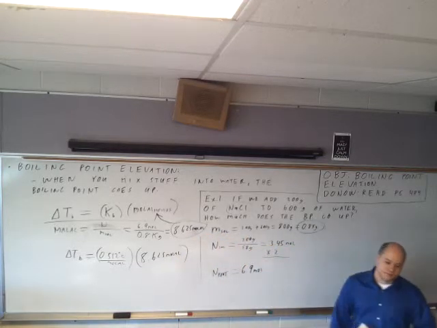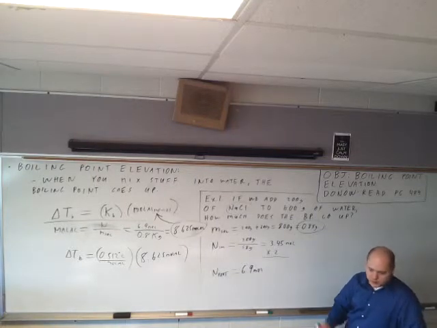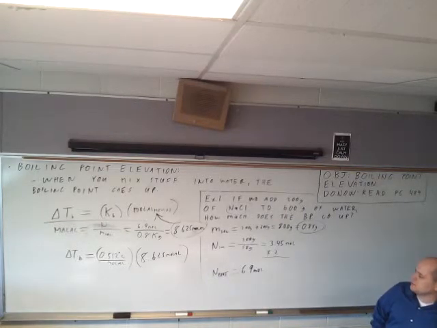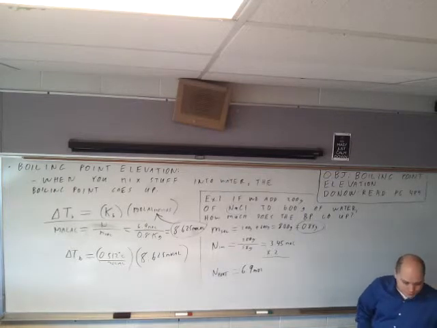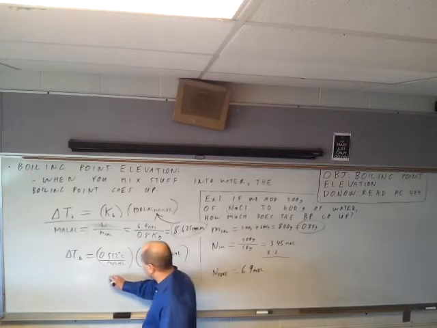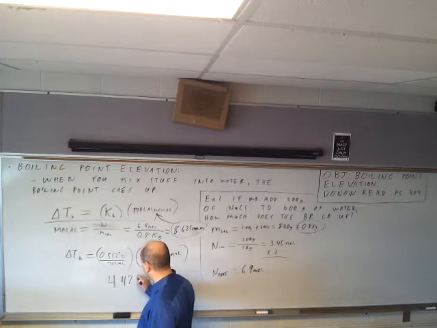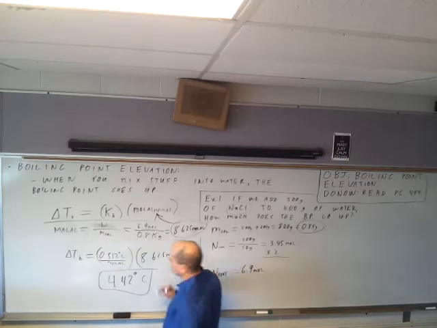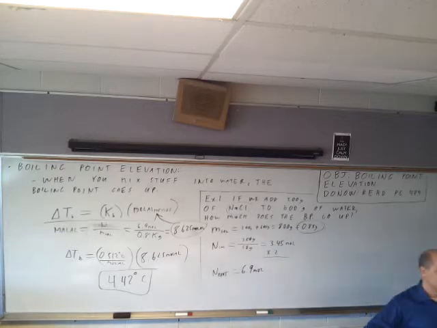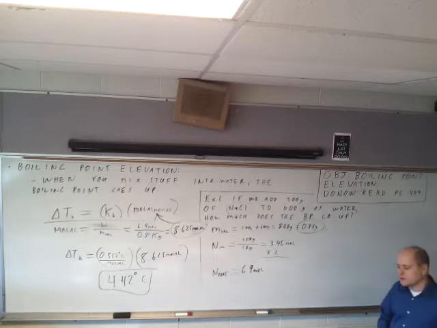And what's that come out to? 0.512 times 8.625 is 4.416, let's make it 4.42 degrees Celsius. So this is how much the boiling point went up by. So that means the new boiling point would be 100 plus that, so it would be 104.42 degrees Celsius.